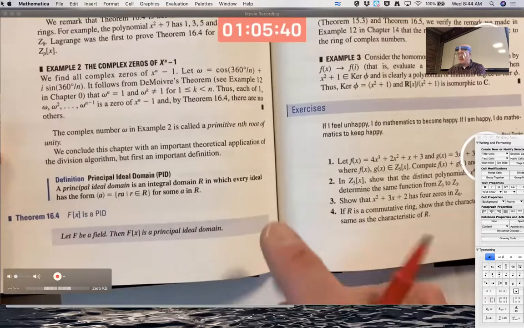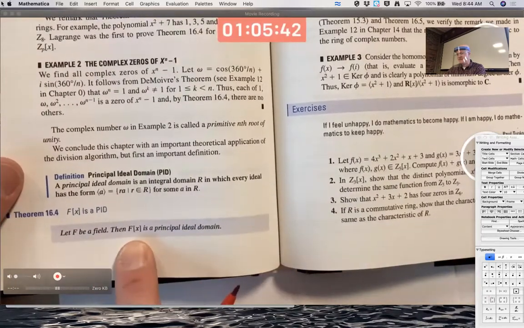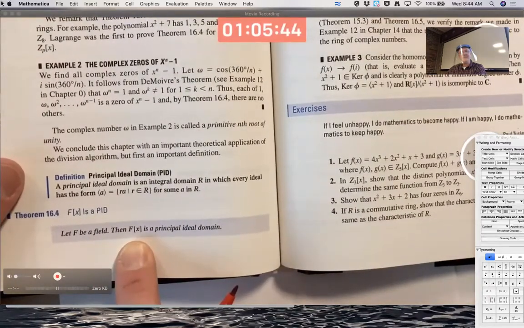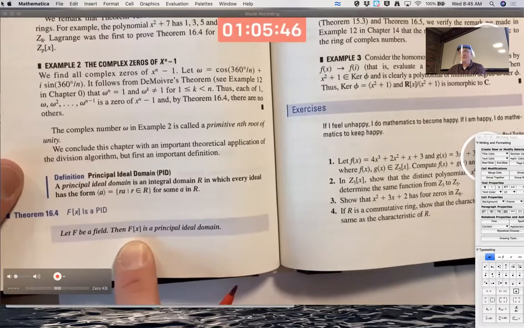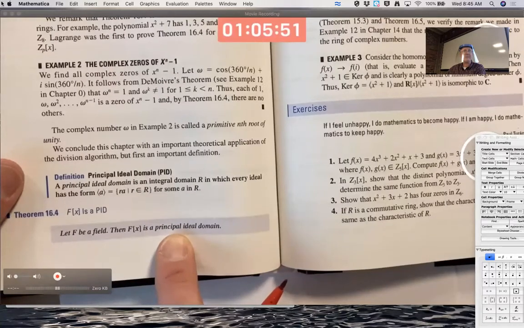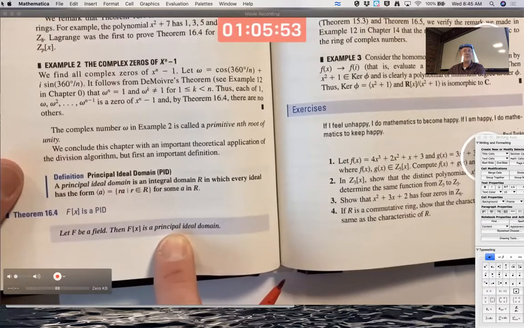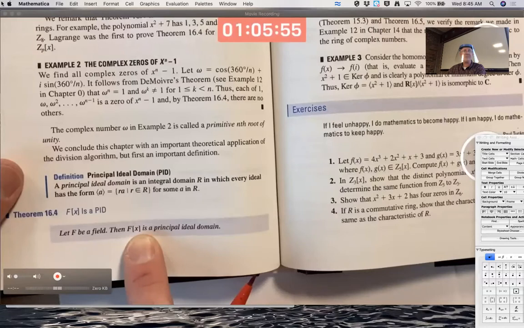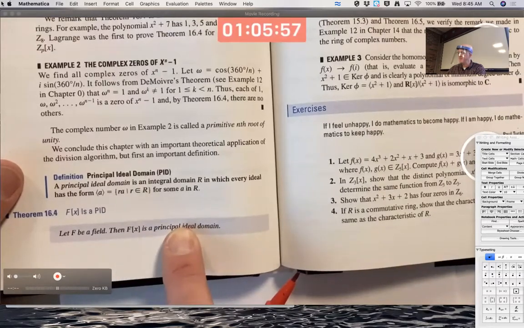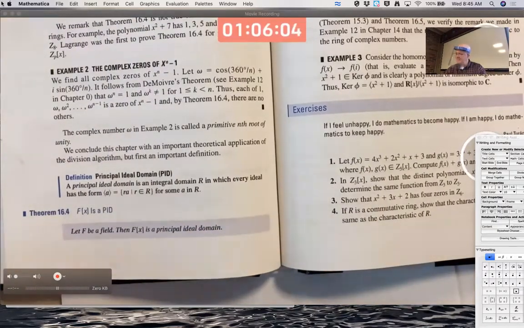Not only is Z a PID, but also F[x]. In other words, the polynomial ring with coefficients from F, when F is a field, is a principal ideal domain. If the coefficients are not from a field, it's not necessarily a principal ideal domain. I think there was one example of that.